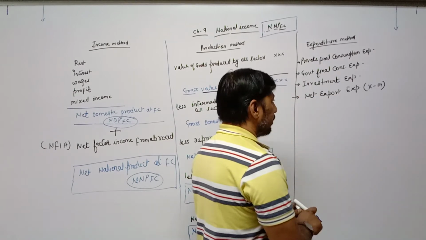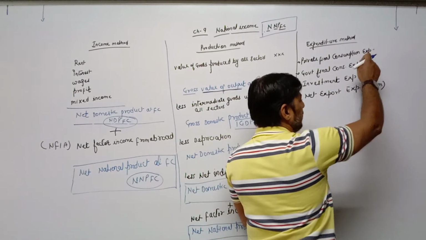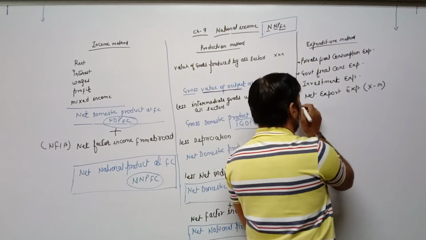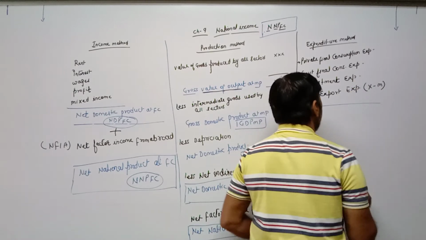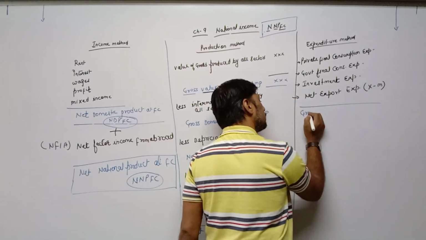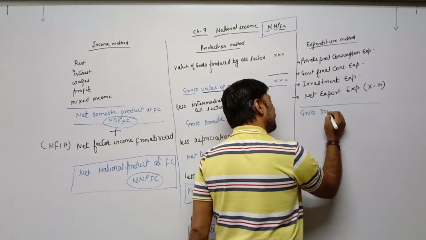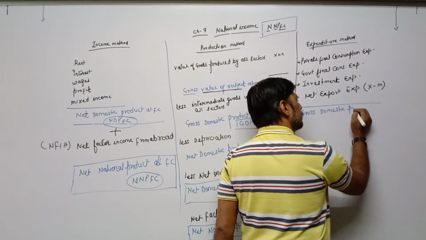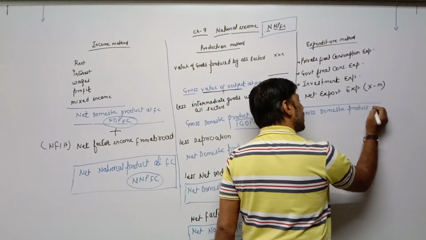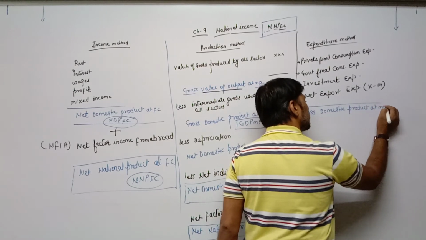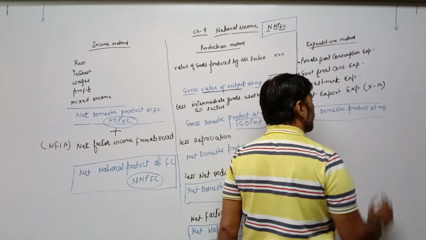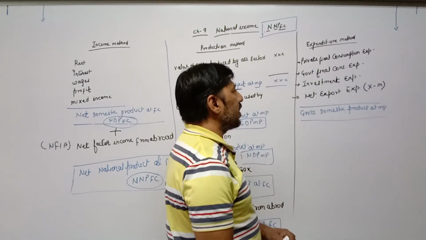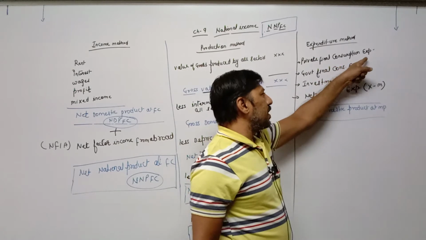After adding these four expenditures, it becomes gross domestic product at market price. Now why are we getting gross domestic product at market price? Because here we are talking about consumption expenditure.